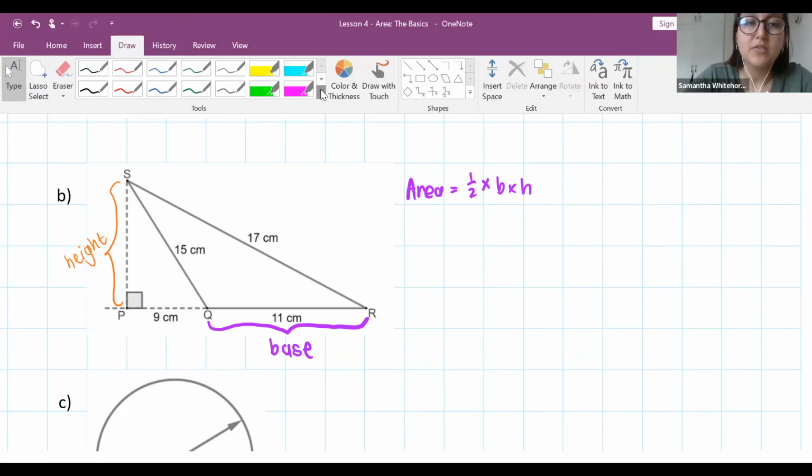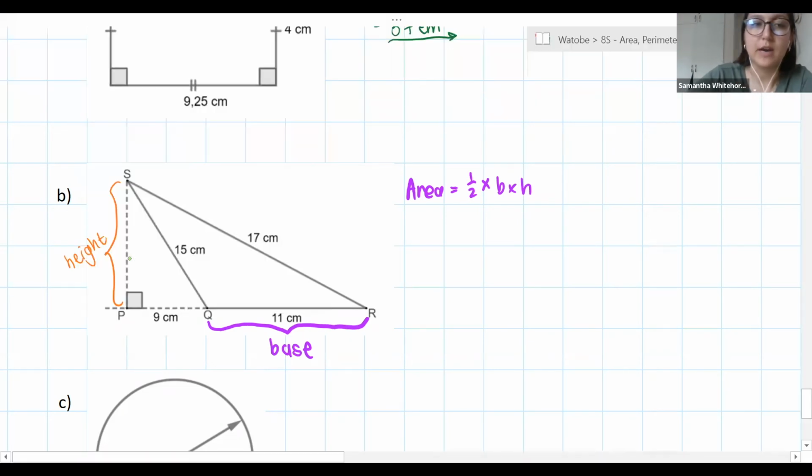However, I have been given enough information to work it out, because what I see is that SPQ is a right-angled triangle. And as Atlachang has just put on the chat, we can use Pythagoras. The second I have got a right-angled triangle with a missing length, I can use Pythagoras.